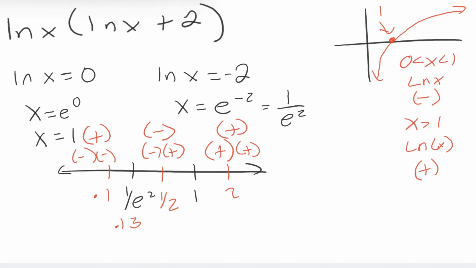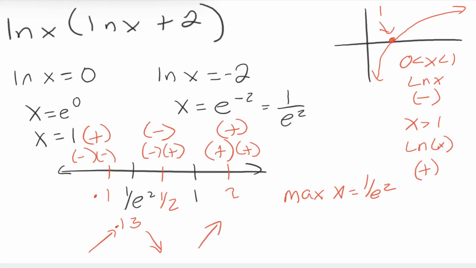So it's increasing to that point and decreasing after that point. So I have a max at x equals 1 over e squared.